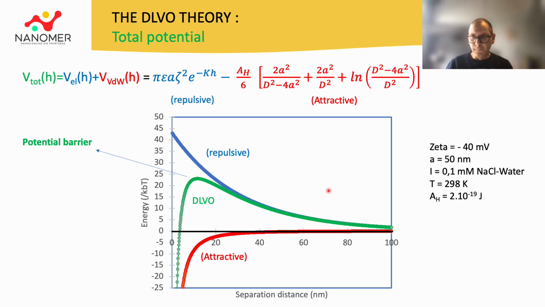Here is an example using at room temperature this value of the zeta potential, this size of particles, this ionic strength, and this Hamaker constant. And you can see that the DLVO curve passes through a potential barrier at a certain distance between particles, explaining the presence of the metastable state of a colloidal suspension.